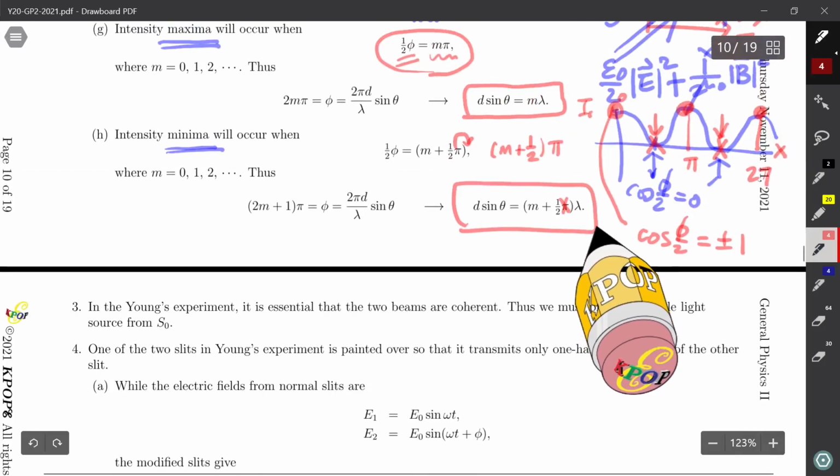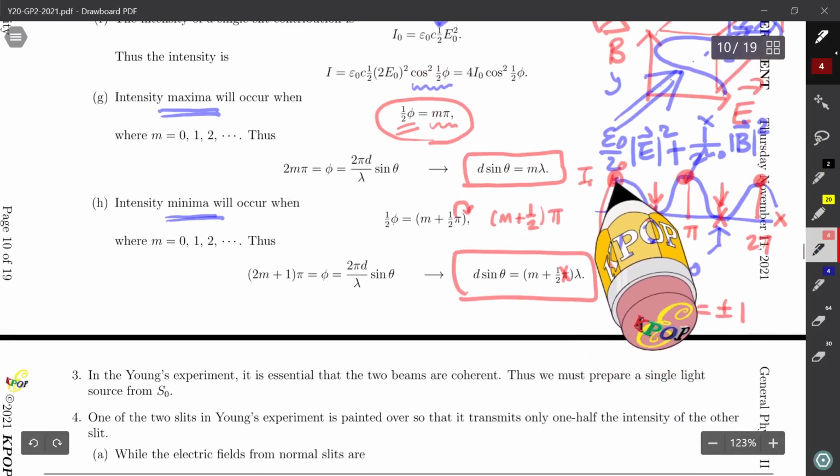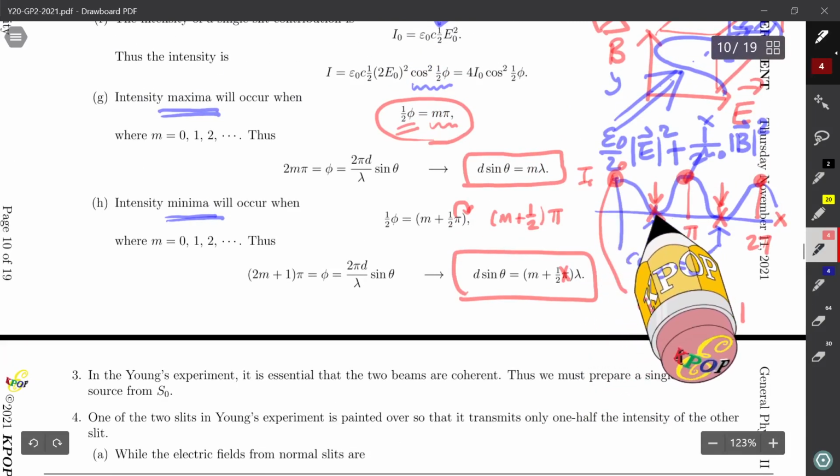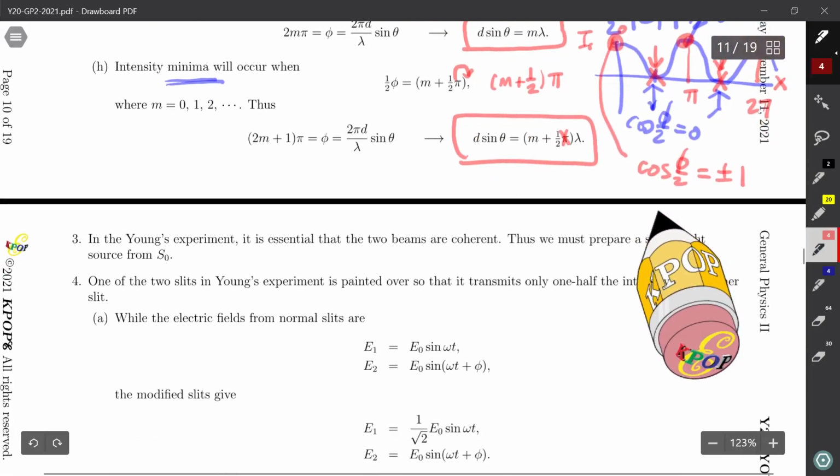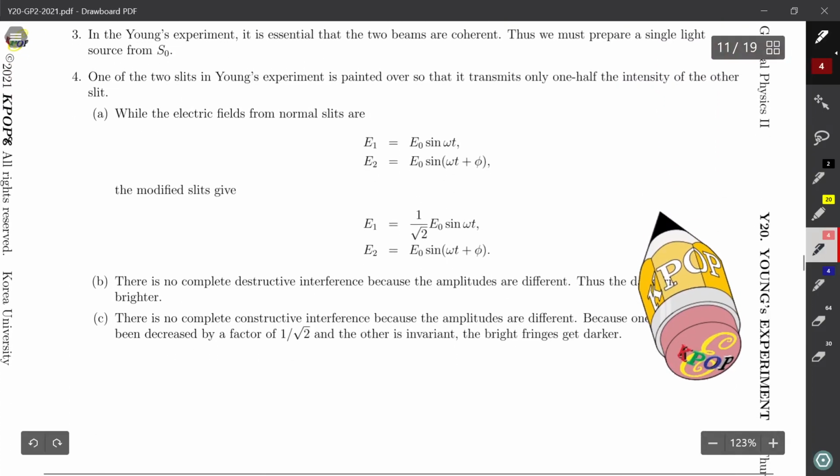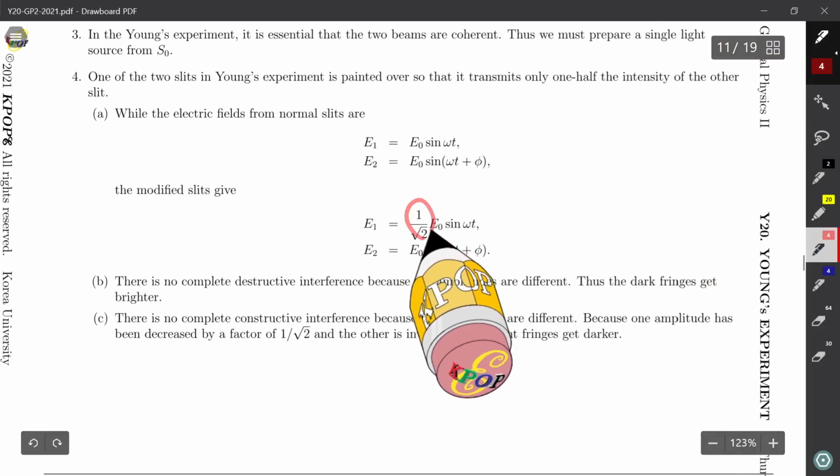This kind of pattern of bright points and dark points does not happen if we have different amplitudes.